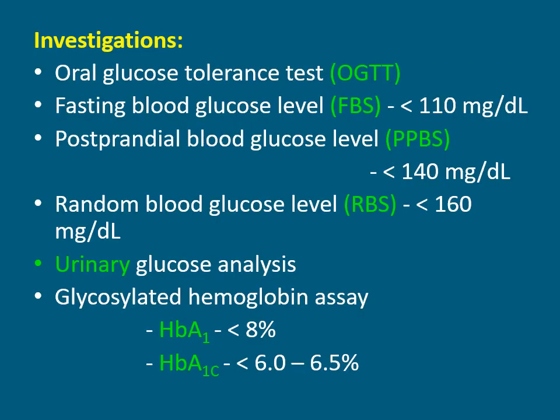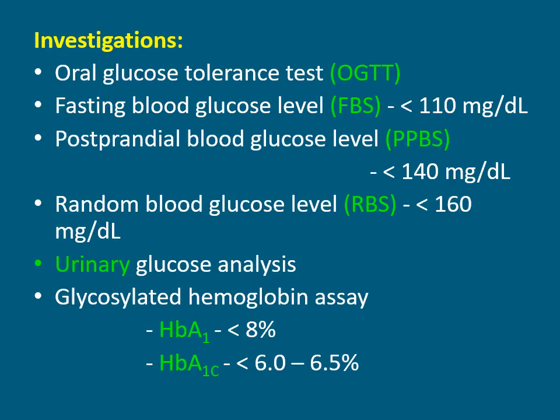Next, investigations. Oral glucose tolerance test, OGTT. Fasting blood glucose level, FBS. The normal value is less than 110 milligrams per deciliter.